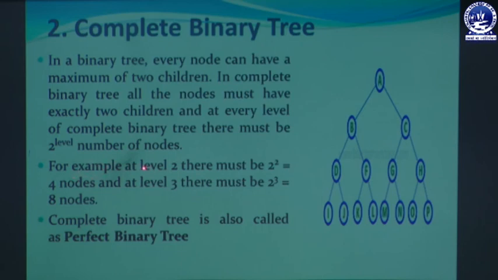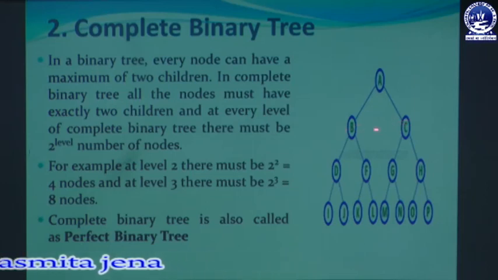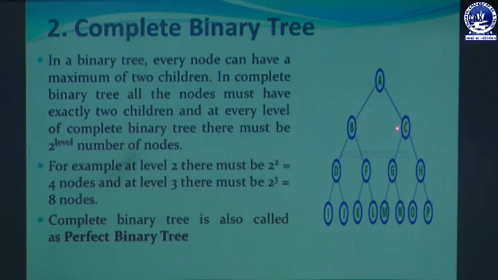Okay. So, for example, at level 2 there must be 2 to the power 2 nodes. This is the complete binary tree condition: there must be 2 to the power level number of nodes. In this case you can see we are at level 1, so we must have 2 to the power 1, that is 2 children. Now we are at level 2, so we must have 4 nodes, because according to the complete binary tree condition we have 2 to the power 2, that is 4.